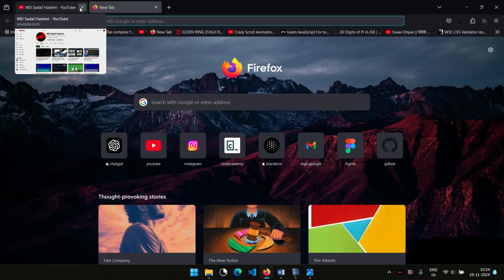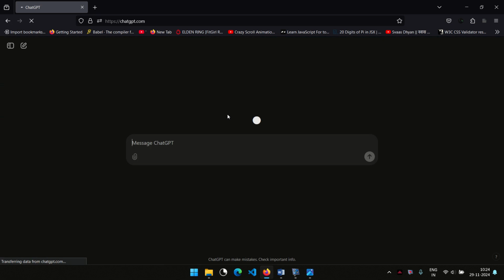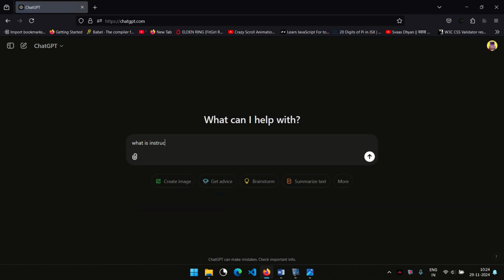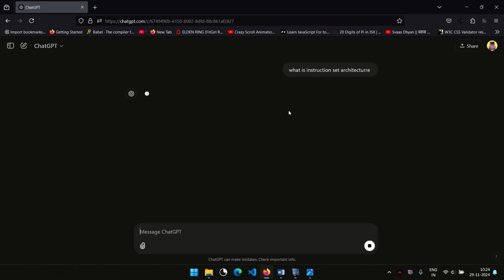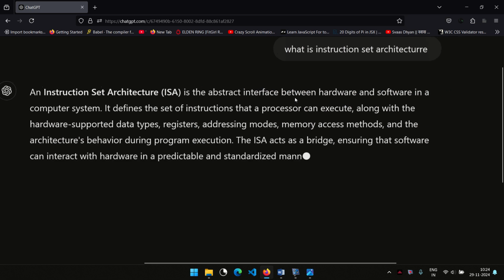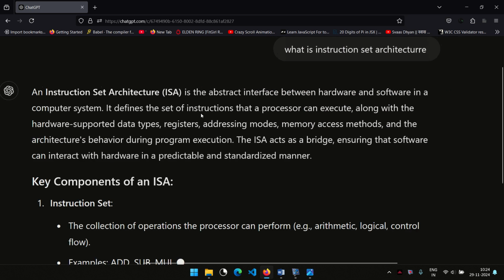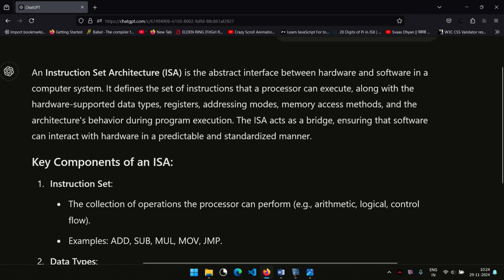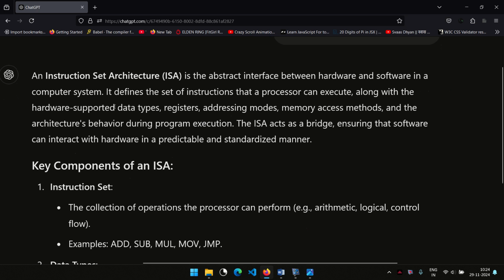Let me just ask ChatGPT. What is instruction set architecture? An instruction set is an abstract interface between hardware and software. It defines a set of instructions that a processor can execute along with the hardware supported data types and registers.